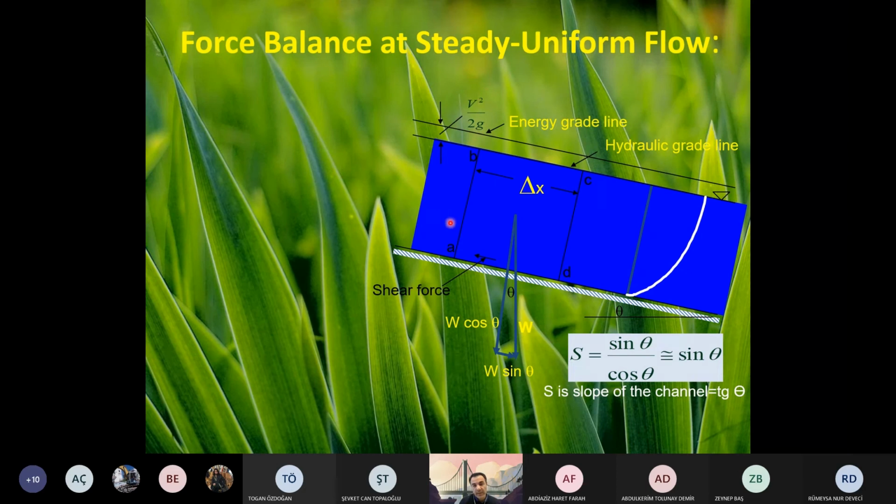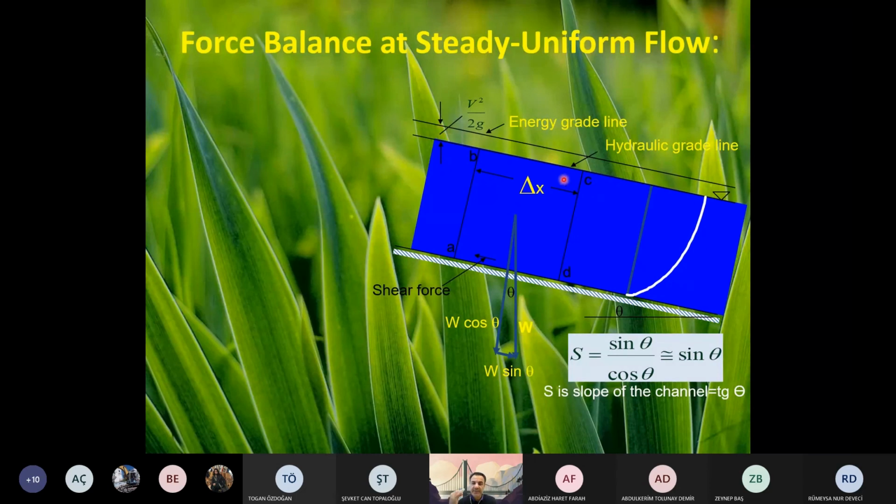And if you consider energy grade line, you will see that energy grade line is always parallel to water surface. Why? Again, you can say because V is constant here, constant here, constant here. Therefore, V square over 2G remains constant along this river.